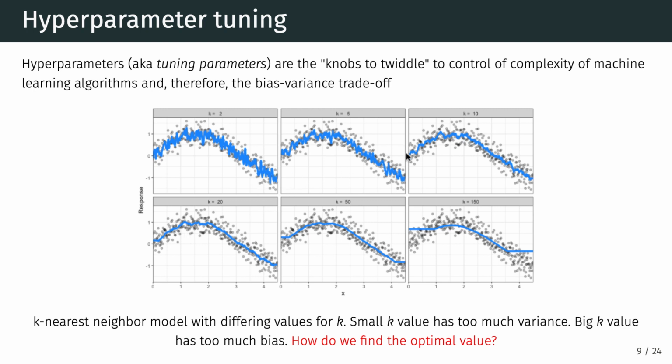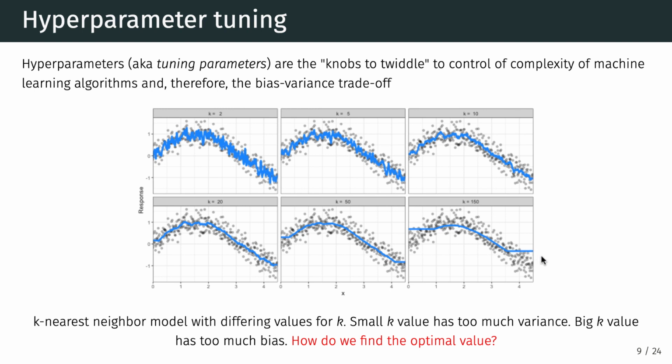From k equals 10 to k equals 20, we're getting a much smoother line. Somewhere between 20 and 50, it looks like there's a nice smooth line that conforms to the relationship. But then as k gets even larger, to k equals 150, we start getting these flat lines. And that's because our model is becoming overly biased.